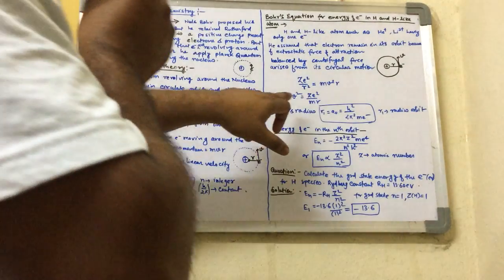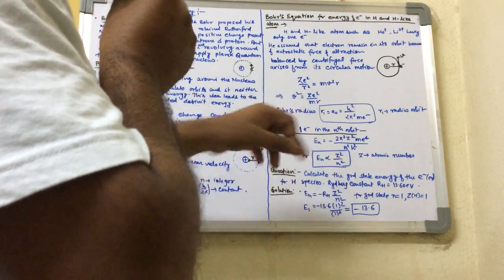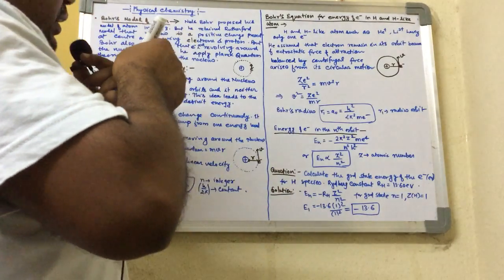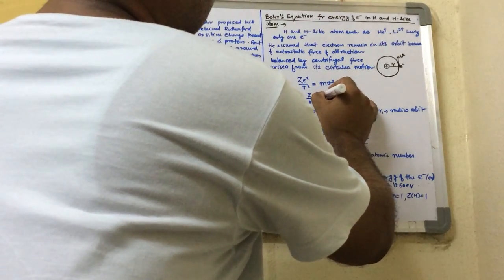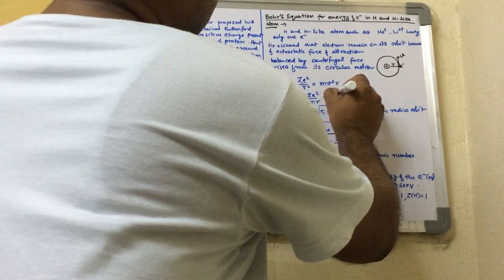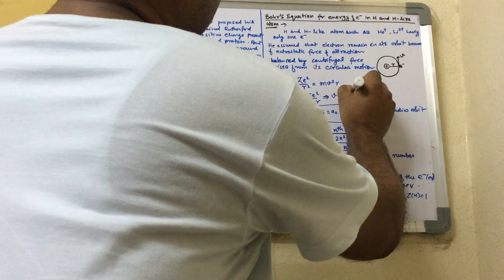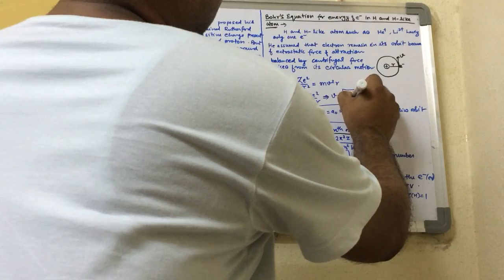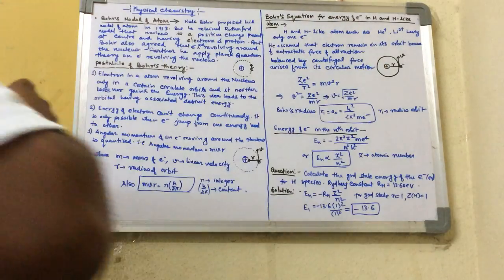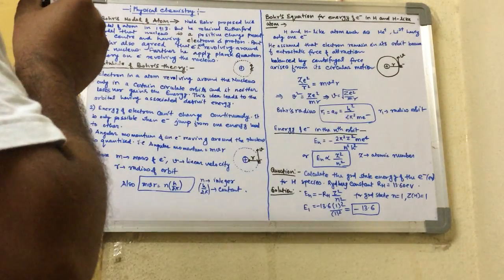So here we can easily find the velocity. Either we can write it in this form also, v is equal to under root of Z e square upon m r. This is only manipulation, not a big issue.